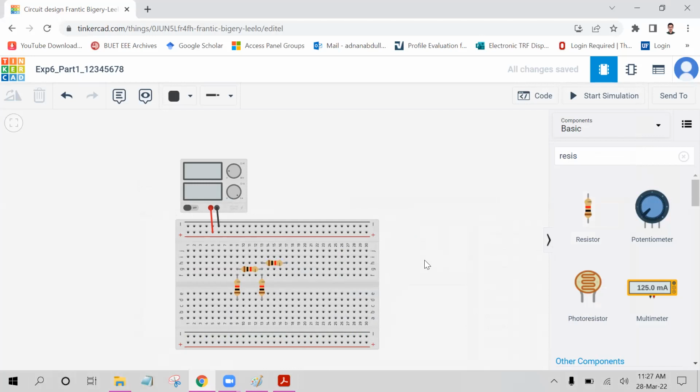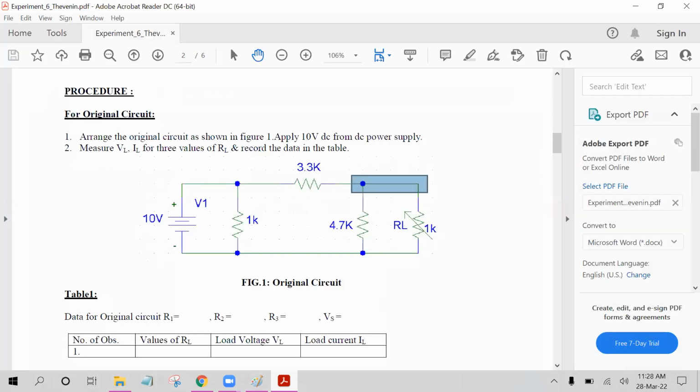So all the resistors are placed. Now we need to connect them with the power supply, right?